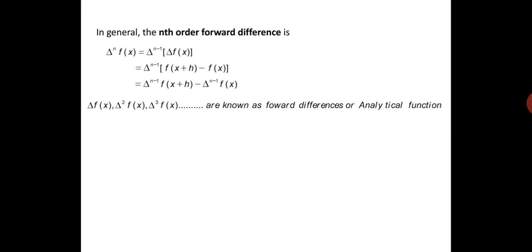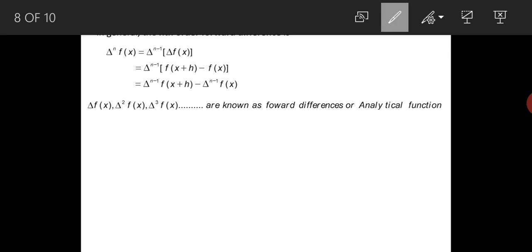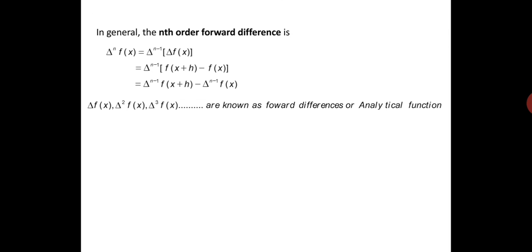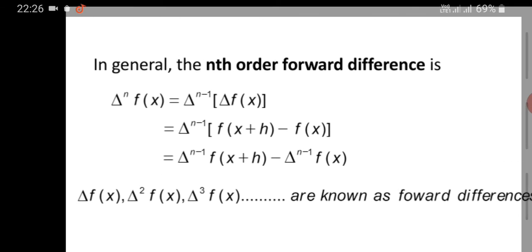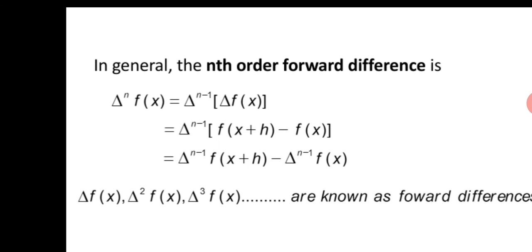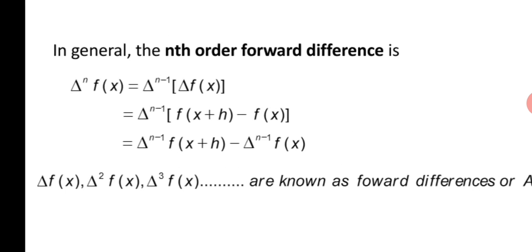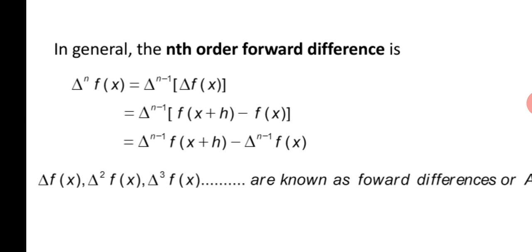In general, for nth differences, what can we write? Delta to the power of n of f of x is equal to delta to the power of n minus 1 of delta of f of x, where delta of f of x means f of x plus h minus f of x.